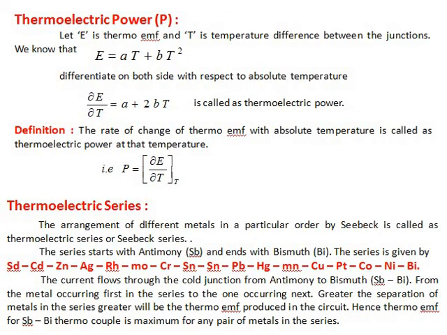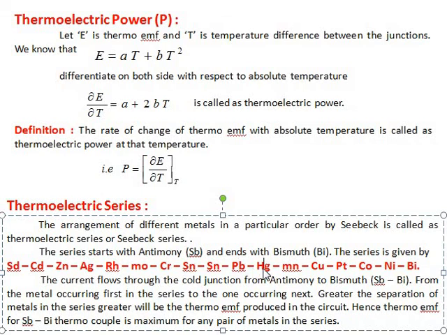The series is given by Sb antimony, Cd cadmium, Zn zinc, Ag silver, Rh rhodium, Mo molybdenum, Cr chromium, Sn tin, Pb lead, Hg mercury, Mn, molybdenum, Cu copper, platinum Pt, cobalt Co, nickel and bismuth, dear students.